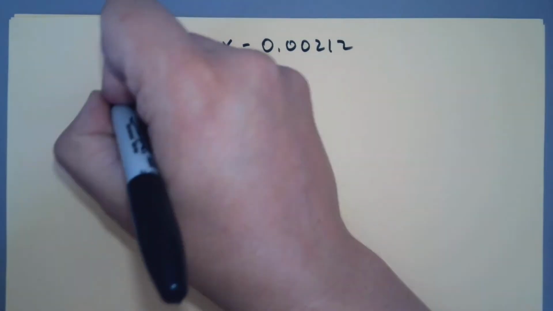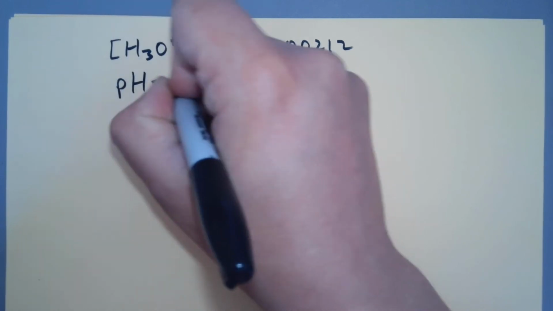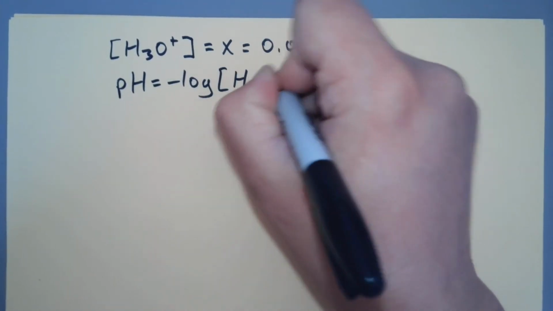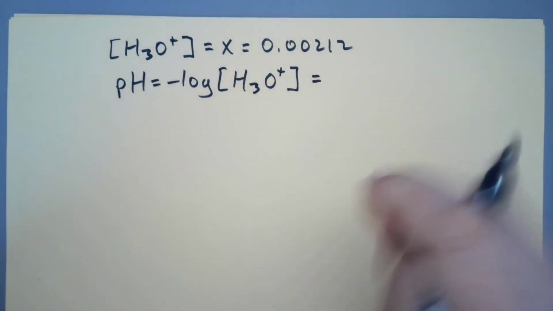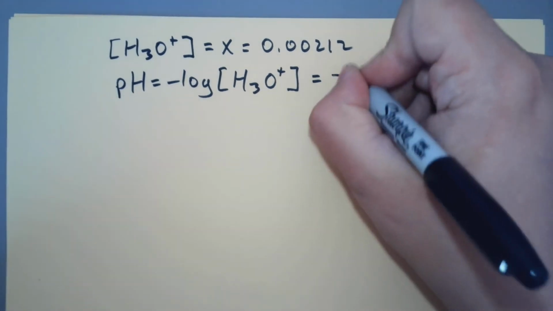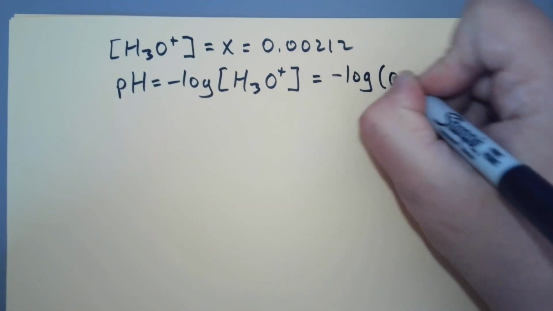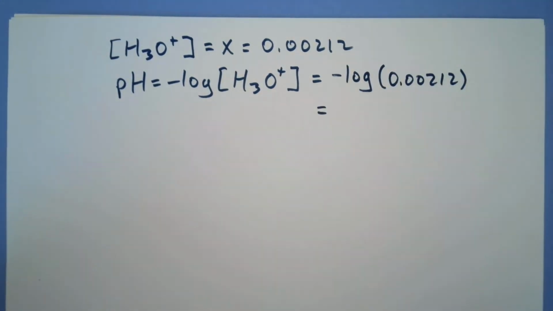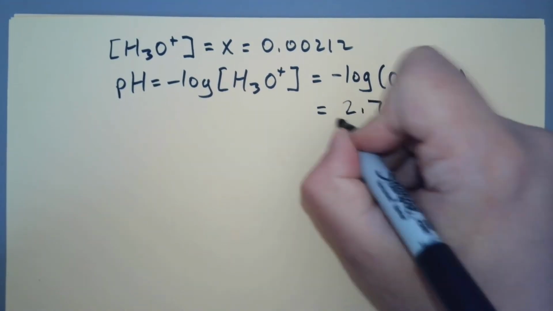Okay, well, I need to calculate pH, which is the negative log of that concentration of H3O plus. So it is negative log of 0.00212, which gives me a 2.7.